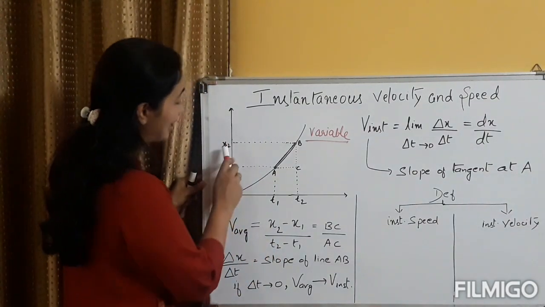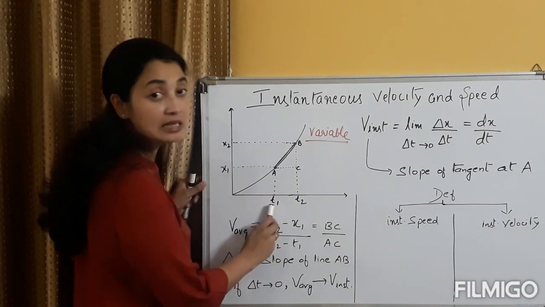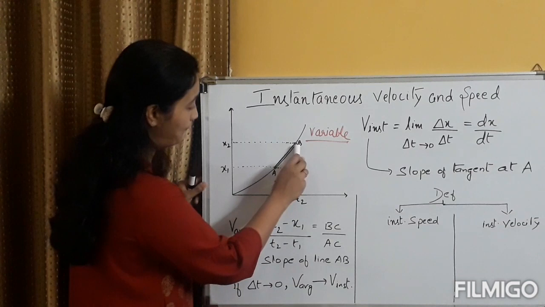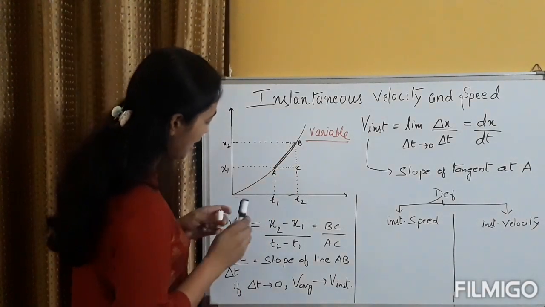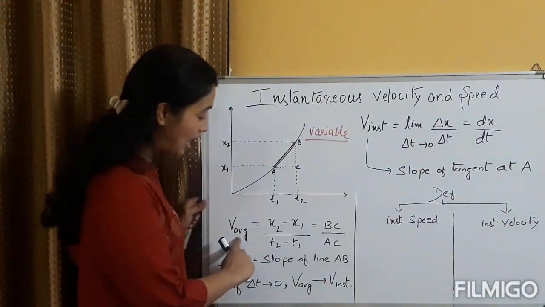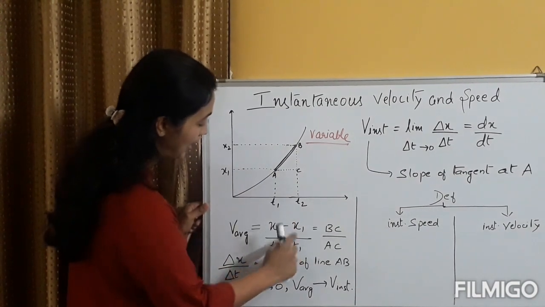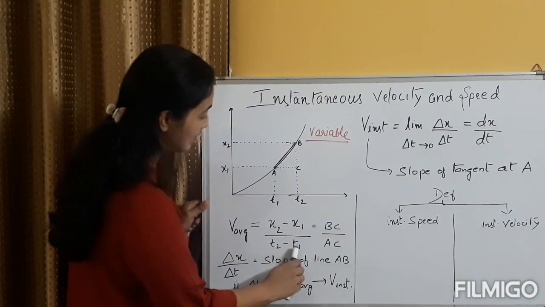Positions x1 and x2 at instants t1 and t2. We are marking the locations as points A, B and C. Now average velocity, we are used to this formula: x2 minus x1 upon t2 minus t1.